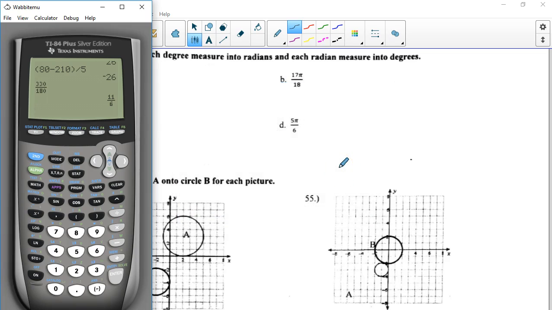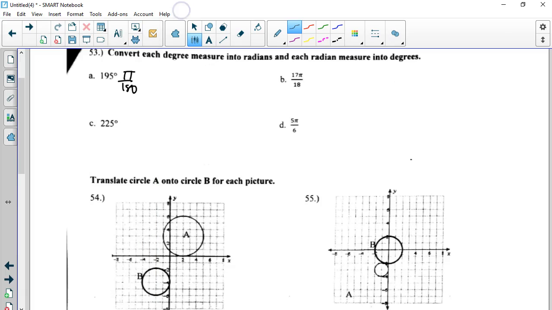Hit alpha y equals, and just hit enter, you can put in 195, go down, put 180, enter, and it tells you that's 13/12. So you can just write 13/12, and then put your pi and write radians. Right? You can even abbreviate to rad.